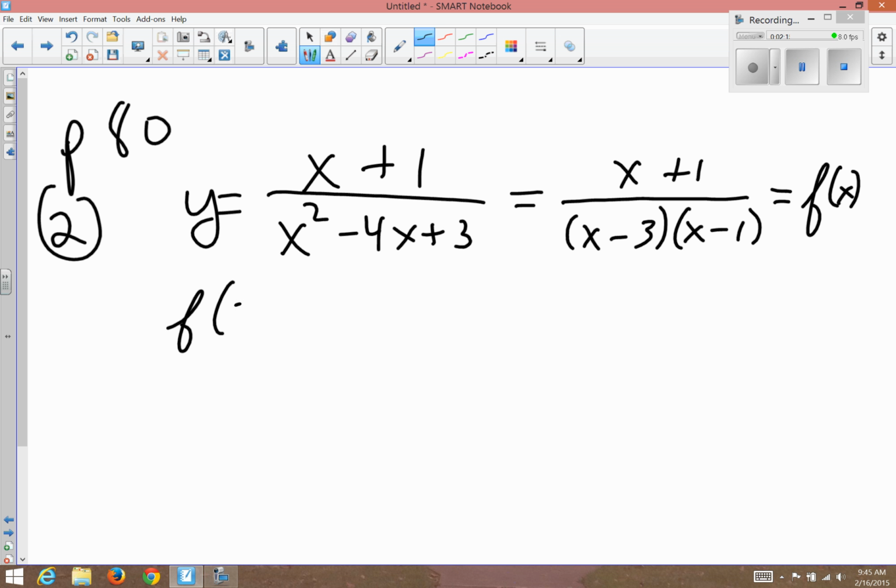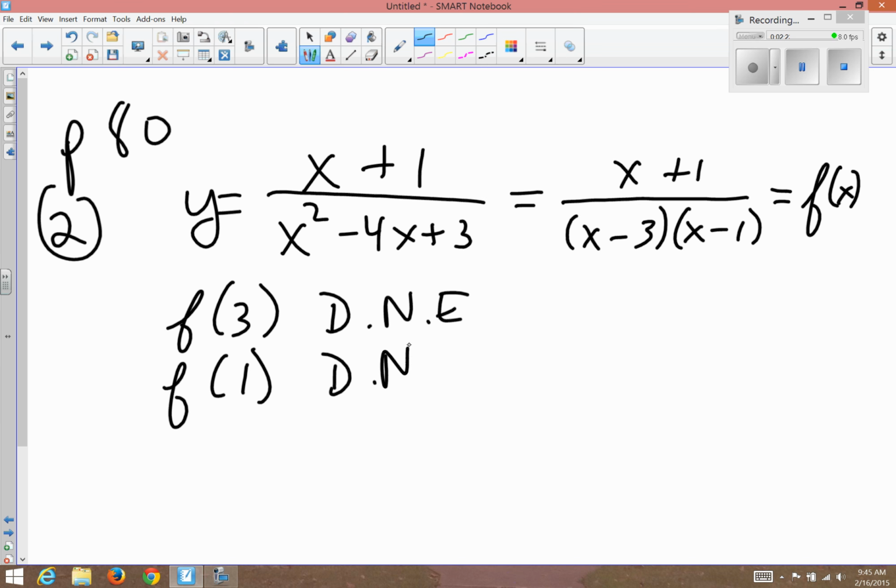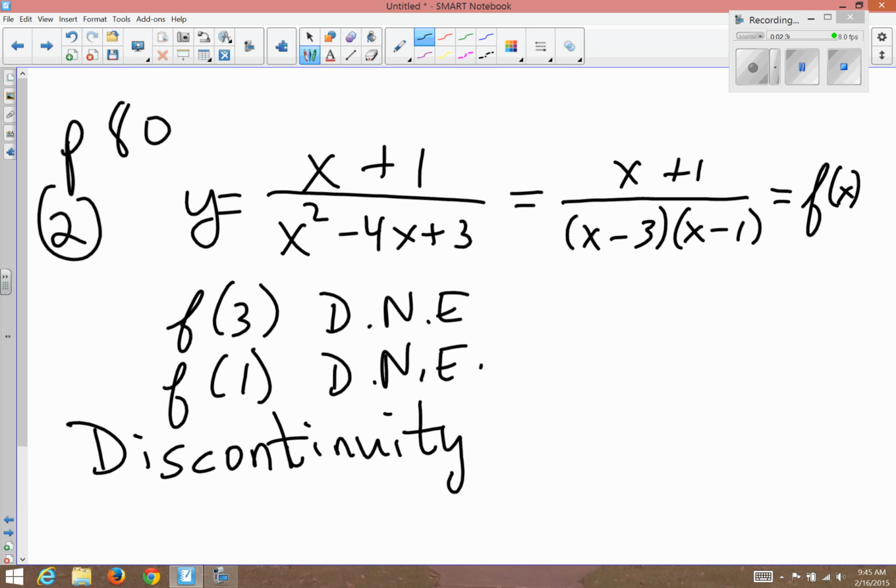Since f of 3 does not exist and f of 1 does not exist, we say there are points of discontinuity at x equals 3 and at x equals 1, because for there to be continuity at x equals 3, f of 3 would have to exist.